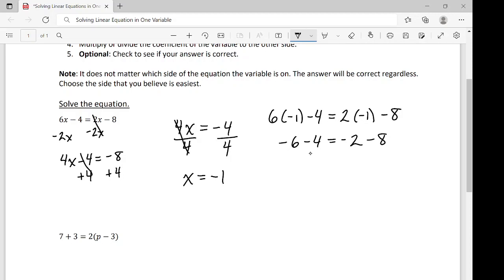Negative 6 minus 4 is going to give me negative 10. And then negative 2 minus 8 is also going to give me negative 10. Negative 10 is equal to negative 10. And since it is true, this is my solution to the equation. This again over here is optional. You do not need to, but if you want to, that's what it will look like when you check it.